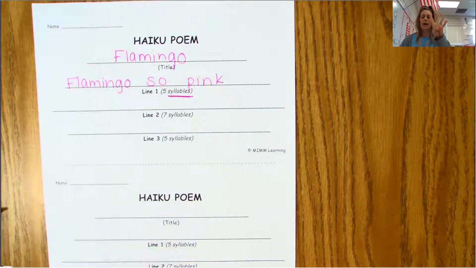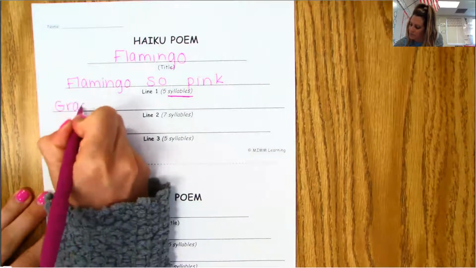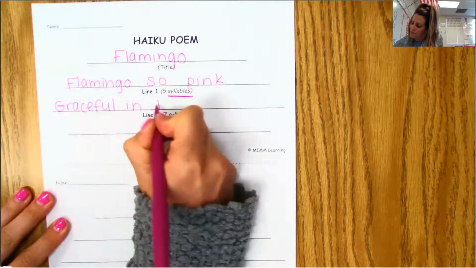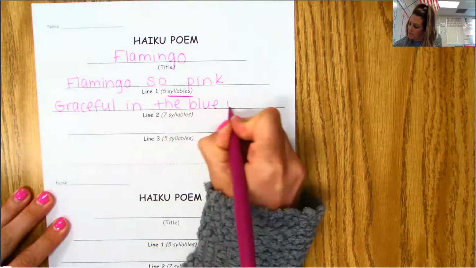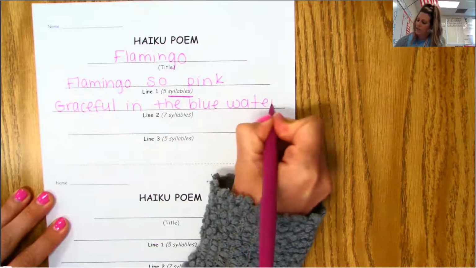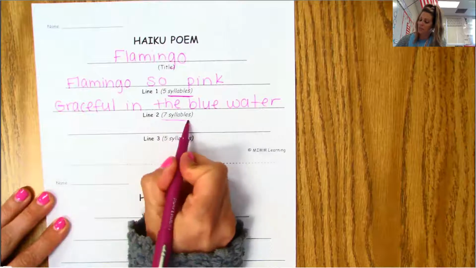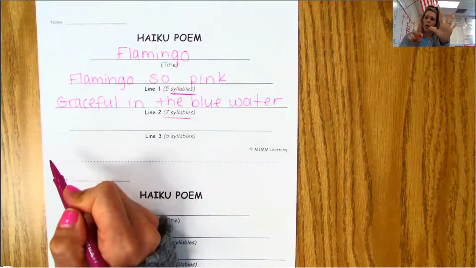Graceful in the blue water. Yes. All right. So then we write it down. Okay, so not 7 words, 7 syllables. Graceful in the blue water.